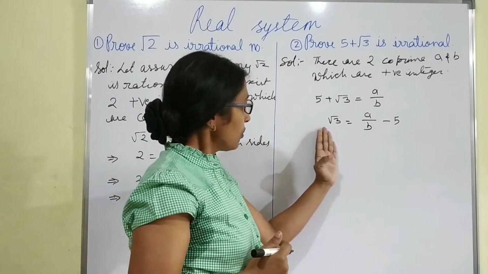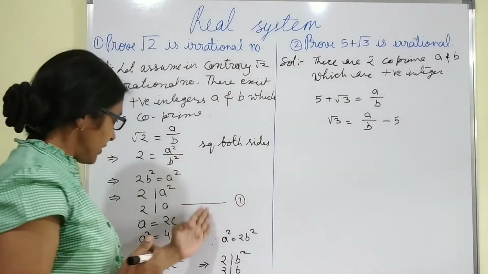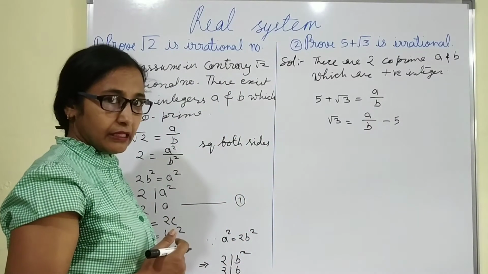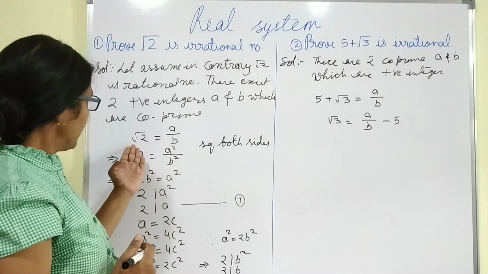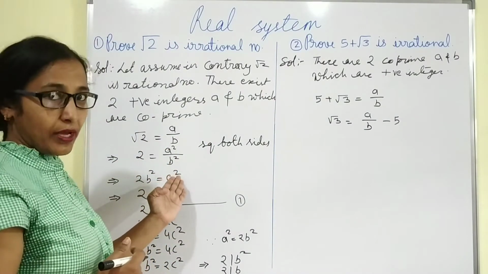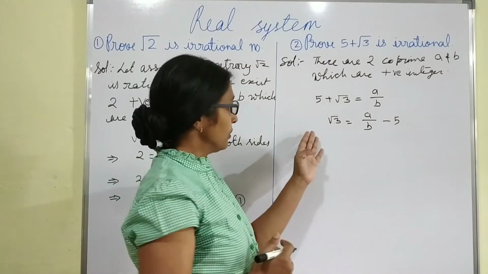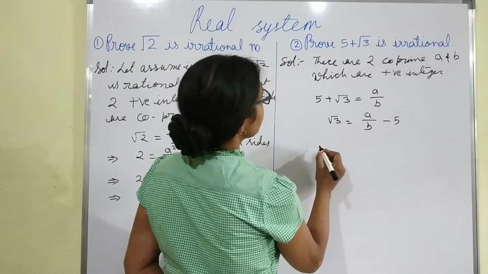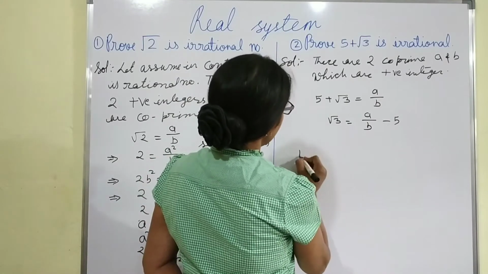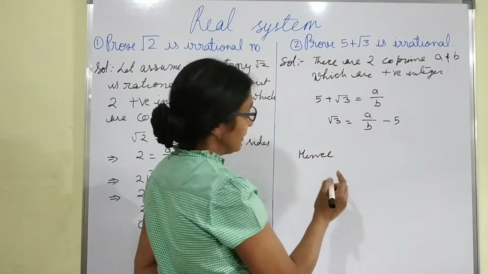Now, if you want to solve in this way, you can write in this way. Same thing. Root 3 equals a upon b, by taking it in contrary supposition. Otherwise you can write directly.